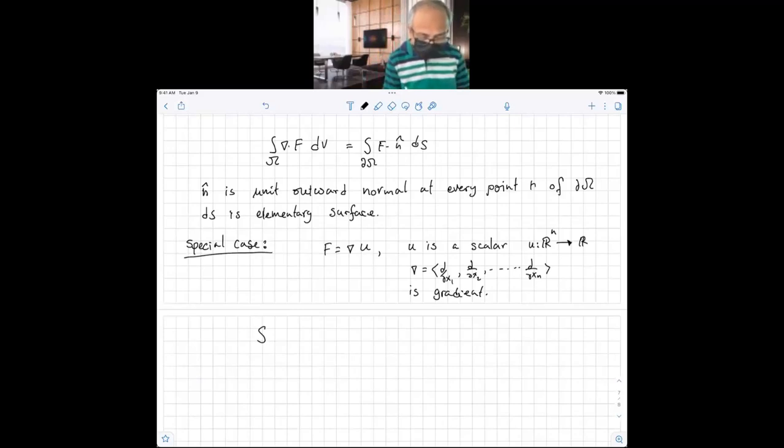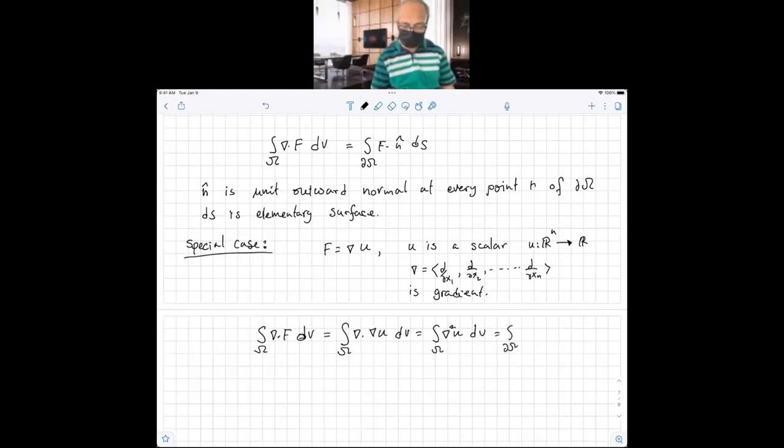So now we apply the divergence theorem. The integral over Omega of the divergence of F dV, maybe I can write dV, is the divergence of the gradient of u dV. So for the left-hand side, that can be written as the integral of nabla squared u dV, and on the right-hand side it will be the integral over the boundary of Omega of F dot n hat dS, which is the integral over the boundary of the gradient of u dot n hat dS.